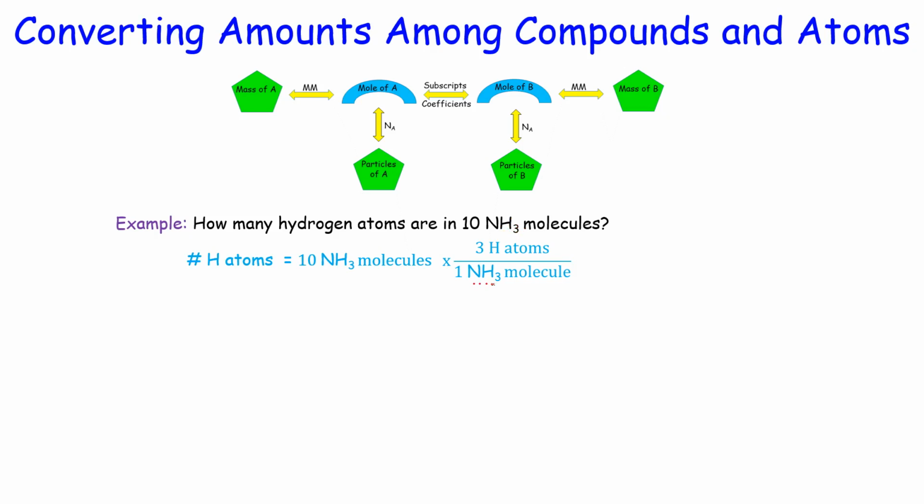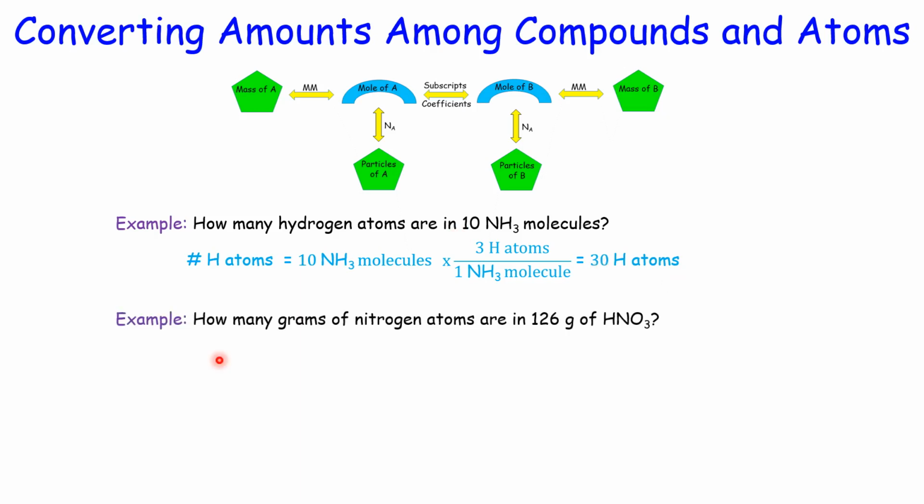One ammonia molecule contains 3 hydrogen atoms. So ammonia molecules, they are cancelled. And then we have 30 hydrogen atoms. So 10 ammonia molecules gives us 30 hydrogen atoms.